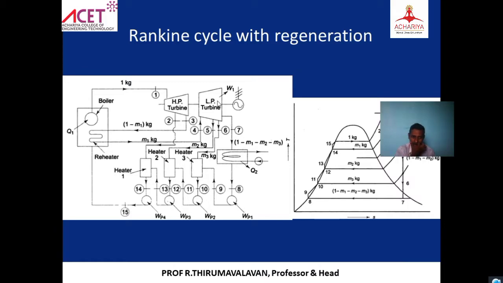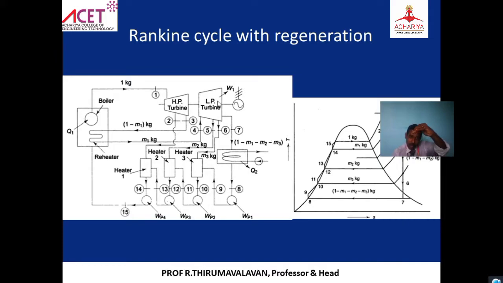You can see that M1 amount of steam is taken out first. That steam is going for the reheating process. So once M1 is taken out, what comes out from the high pressure turbine becomes 1 minus M1.